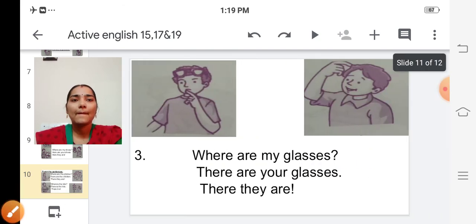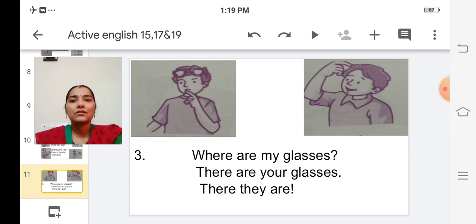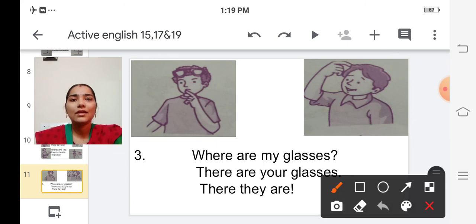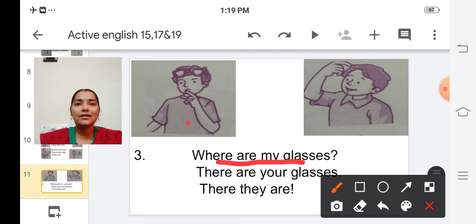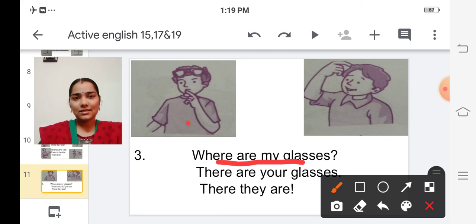Next one. Look at the picture. He is asking because he is searching for something, isn't it? What is he asking? Where are my glasses? So he is searching for his glasses.